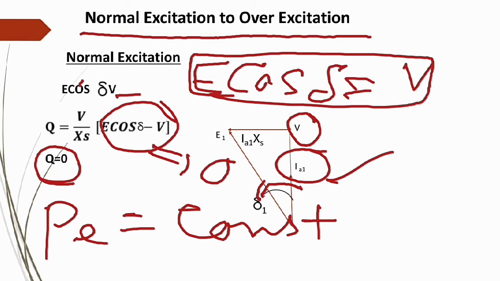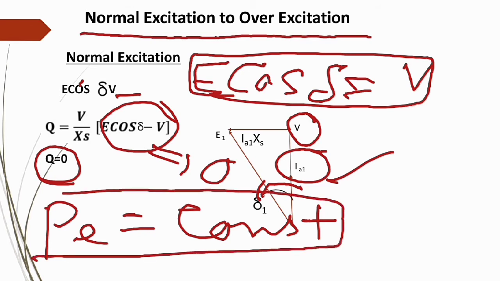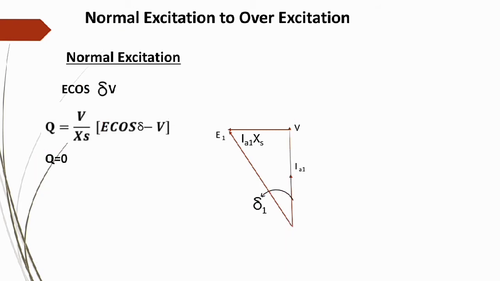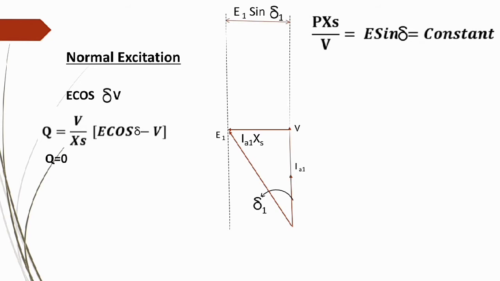Here, on load condition, Q is 0, but a constant value of electromagnetic power will be present, that means constant active power will flow through the alternator. Next, as I told you earlier, we have to consider E sin delta should be constant.